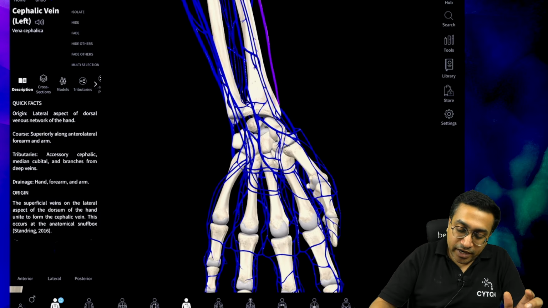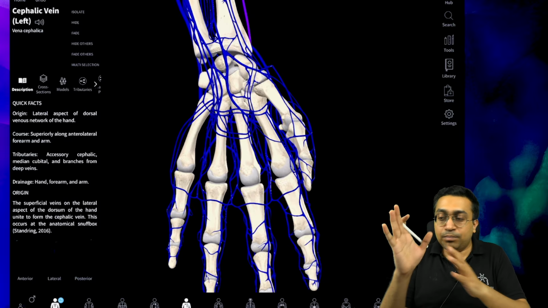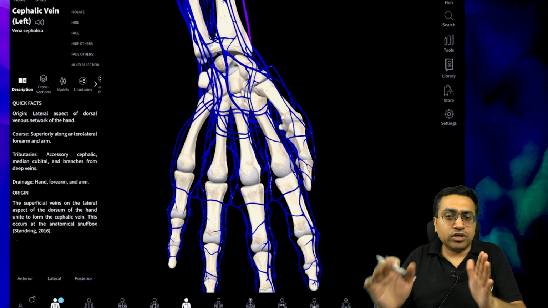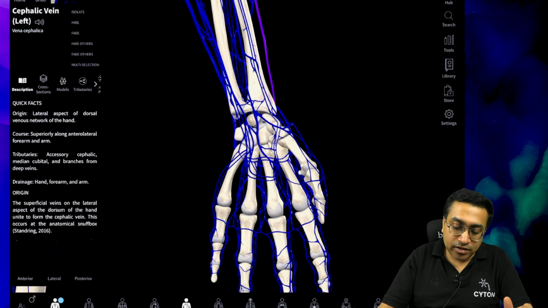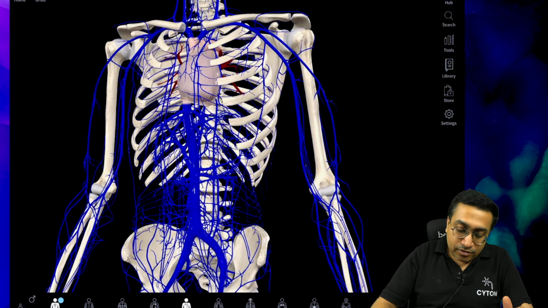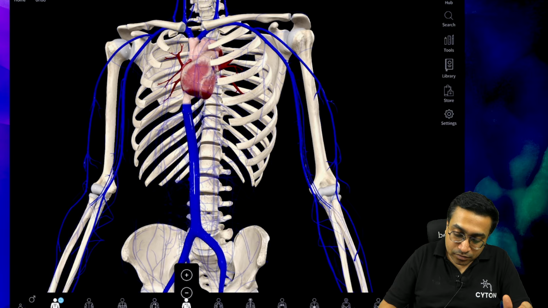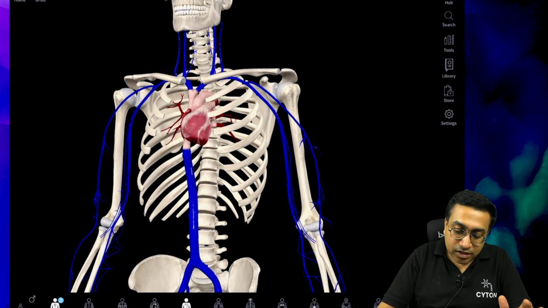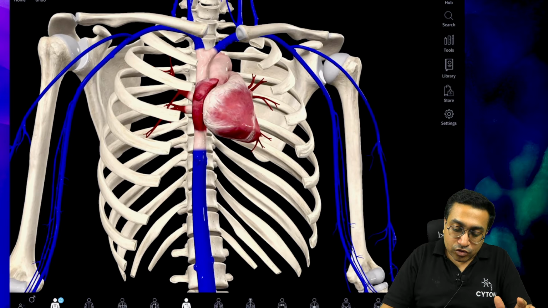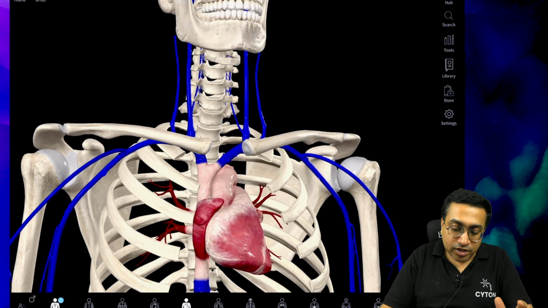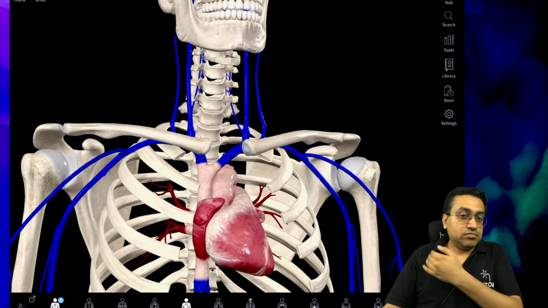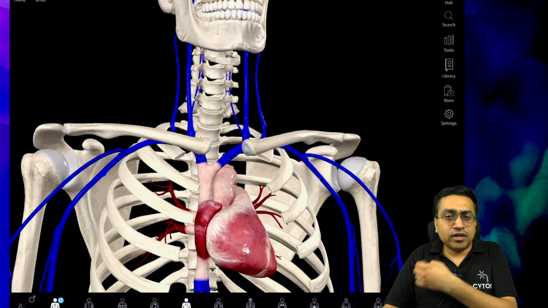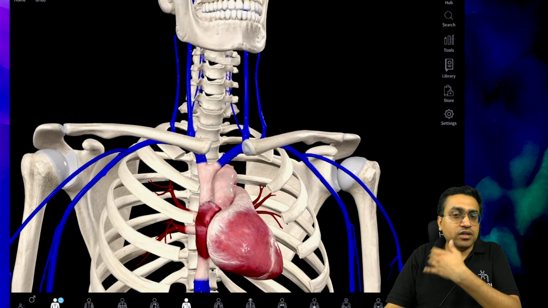And then we have a lot of veins in the palm region. No need to bother, no one is going to ask you too much detail regarding this. Let me bring back the larger ones. I'm removing all the other smaller veins. Now I hope you got an orientation: jugulars in the neck; subclavian, axillary, cephalic, basilic or median cubital vein in the upper limb.